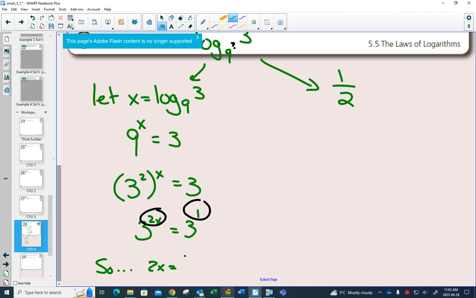So 2x equals 1 and x is equal to 1/2. That's more work, obviously, but if you get stuck and can't do that, that's our method to solving or evaluating a logarithm when we don't see the answer directly. So if you saw the answer directly, log base 9 of 3 is asking 9 to what exponent equals 3. And you're like, I know the square root of 9 is 3, so then the exponent would be a half. Perfect. If not, we go to our technique and solve.